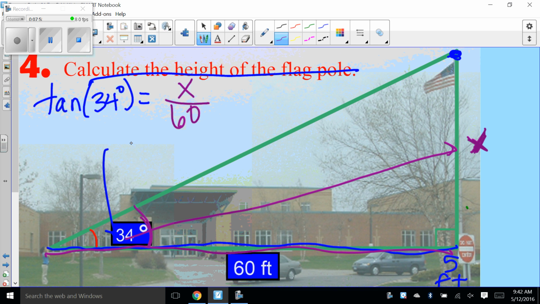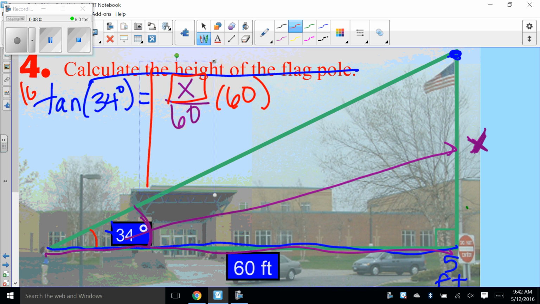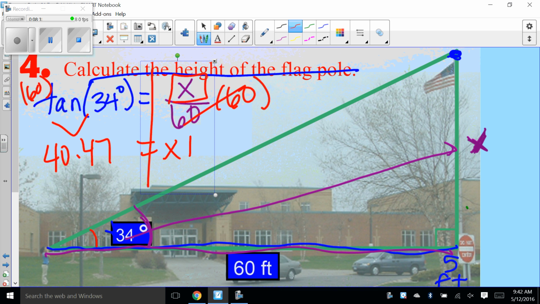So now we would solve using the hand method in this particular problem. You're going to need your calculator to do this. So hand method, take my hand, cover the x, multiply by 60 nice and high, copy, paste. So we have 60 multiplied by the tangent of 34. So 60 multiplied by the tangent of 34 gives us 40.47 is equal to x.